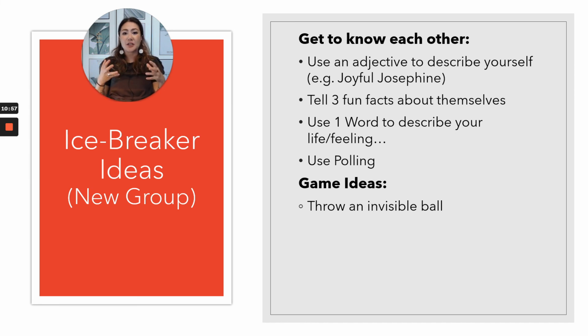Maybe you ask a question, and then you say, I'm throwing an invisible ball to you, Patrick. So now Patrick passes it to Linda. Or she can choose if Linda wants to throw it to anyone else. So you let the learners actually choose who would answer the question next.